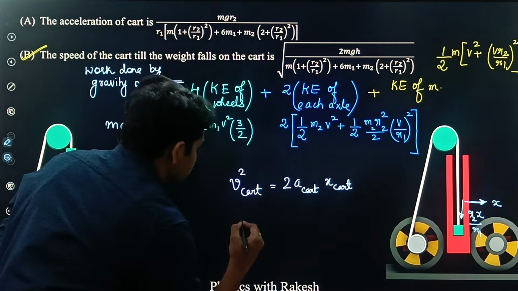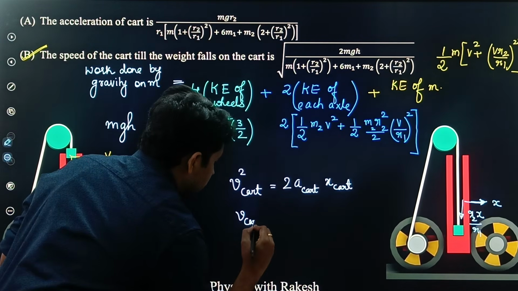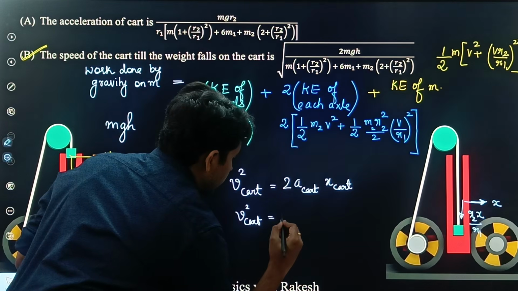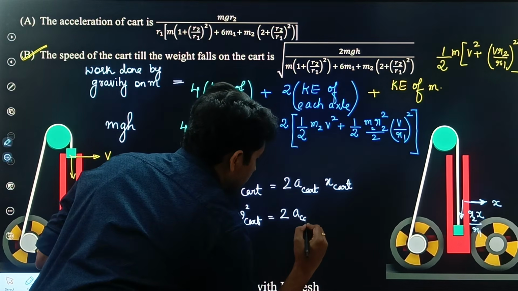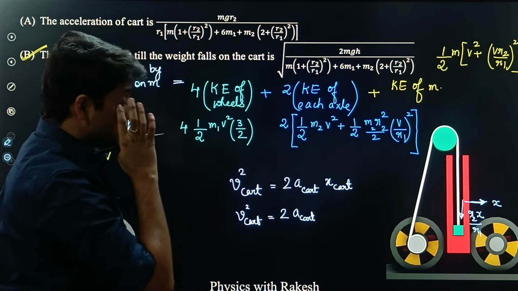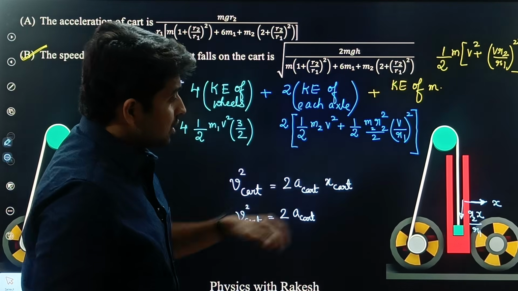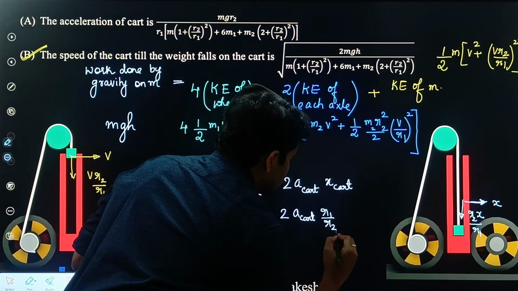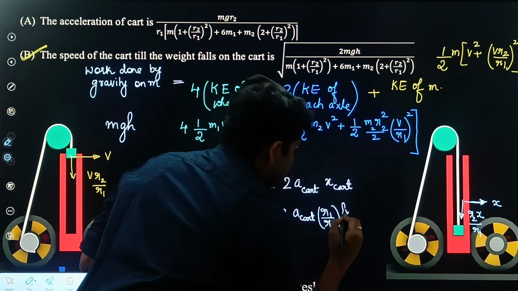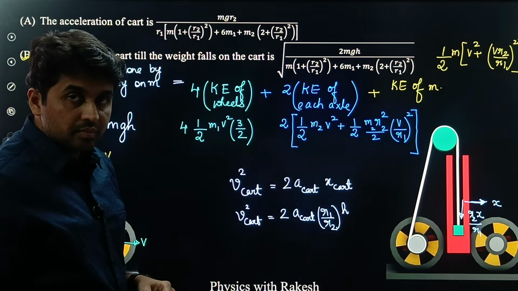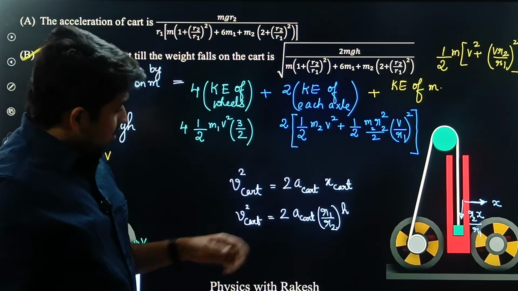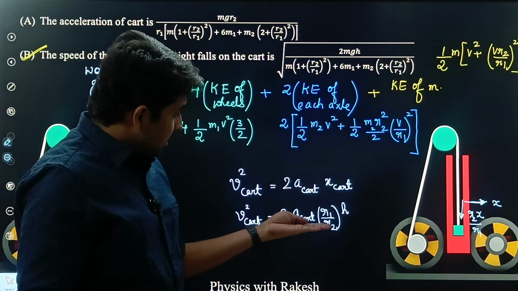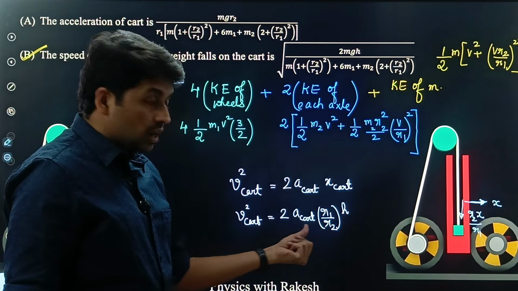So I can just write v cart square equal to 2 times acceleration of cart into x of cart, which is nothing but r1 by r2 times h. That's it. Now we need to find the acceleration of the cart.